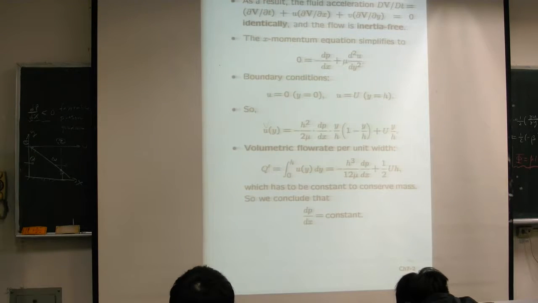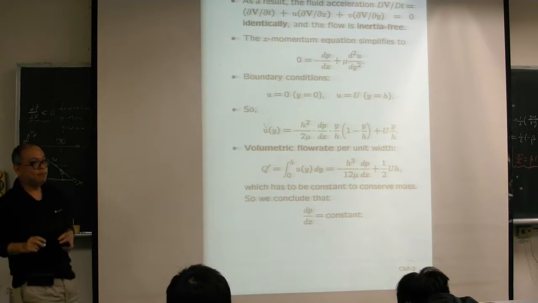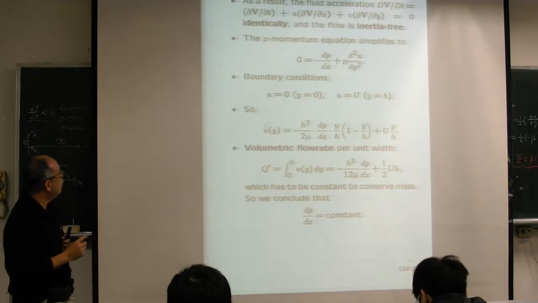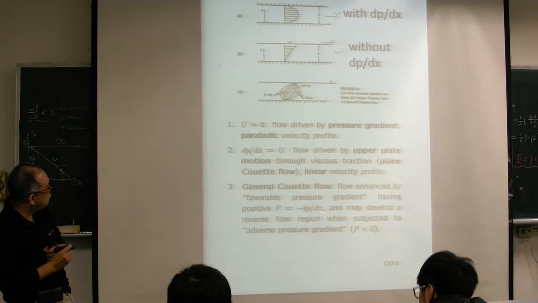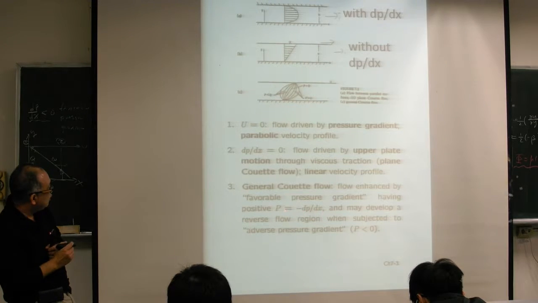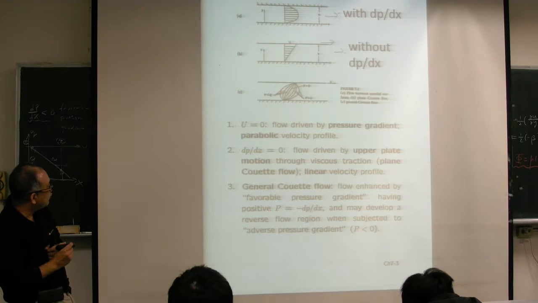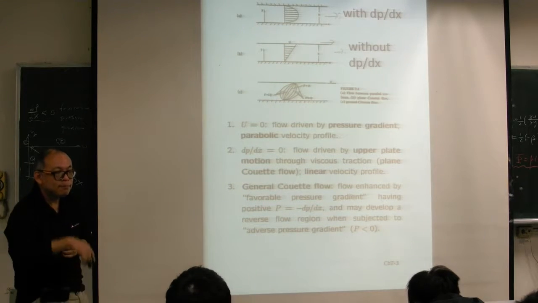So we call this a favorable pressure gradient when dp/dx is less than 0. dp/dx has a minus sign here, giving you this capital P. When capital P is greater than 0, we call this a favorable pressure gradient.